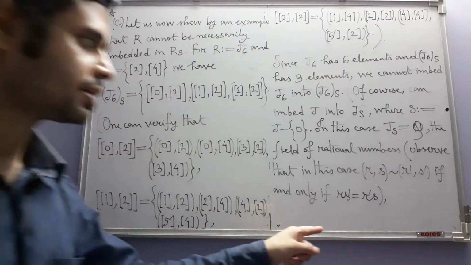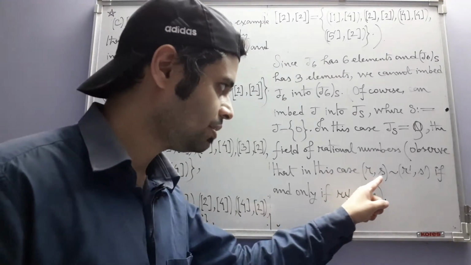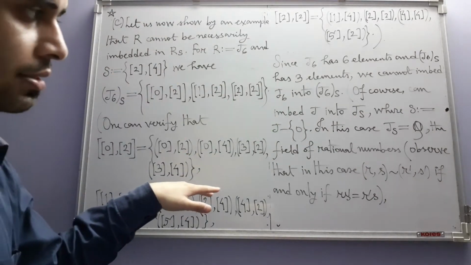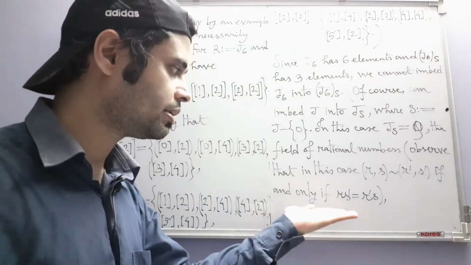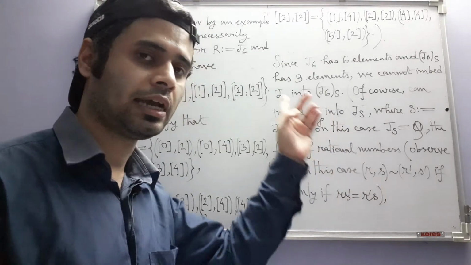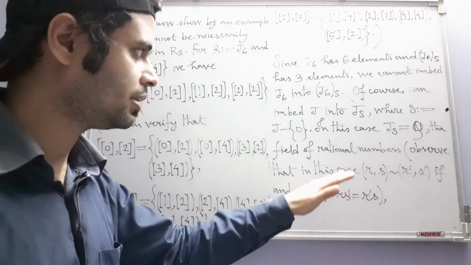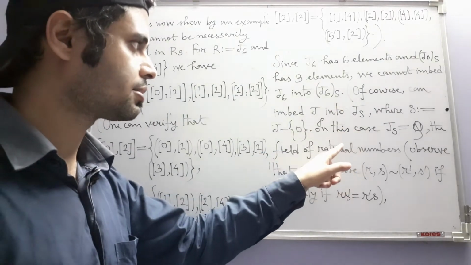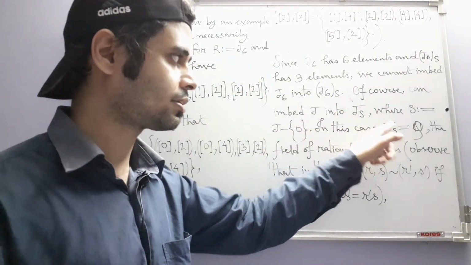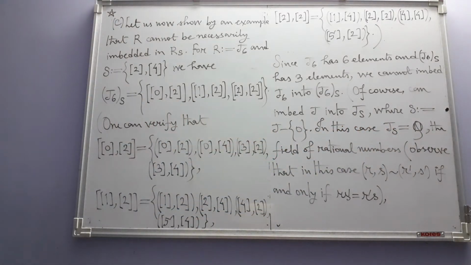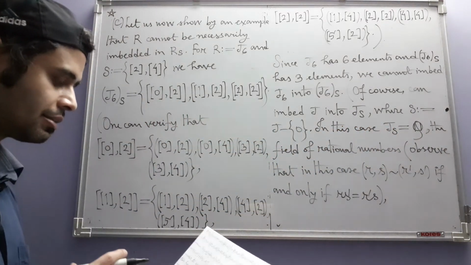So in this particular case, the definition of this relation that we have in this exercise matches with the definition of the relation that we have in our actual theorem. So that's why we end up having not just a ring Rs or Js, but actually that becomes the field of quotients.